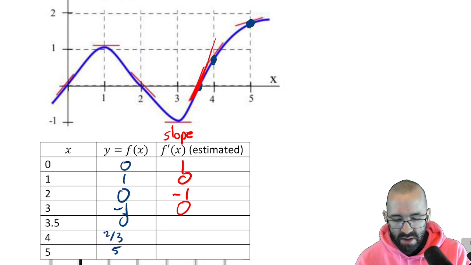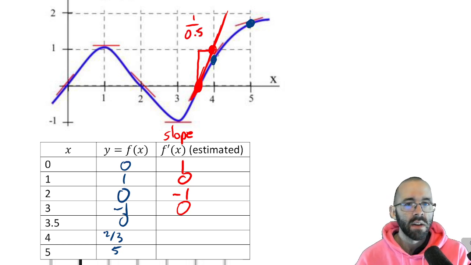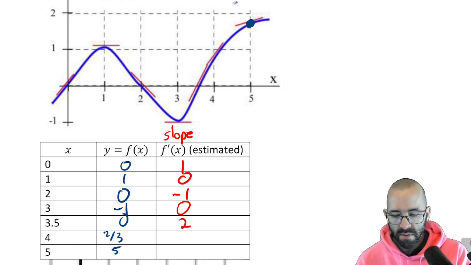I don't know. Let's look at these 2 points. We're going up 1, right 1/2. Rise over run looks like this. If you simplify this, it's 2. And then again, this looks like another 1 again.